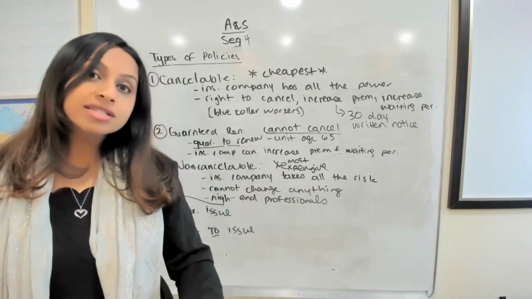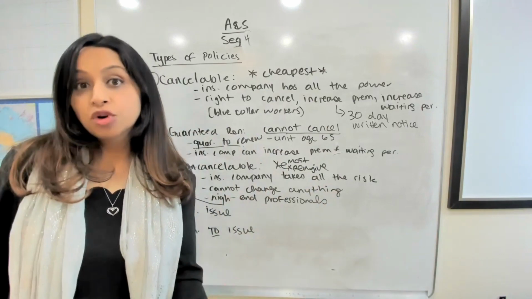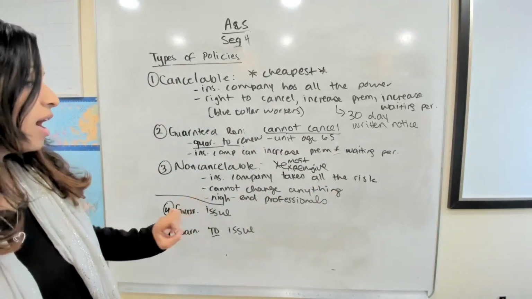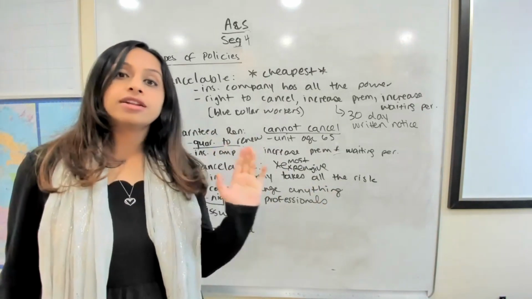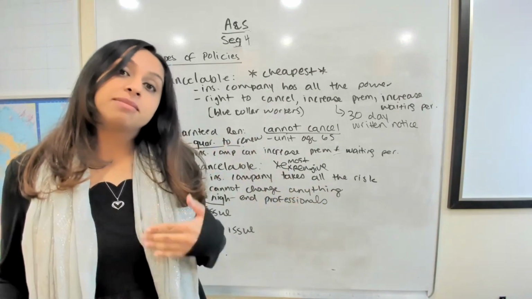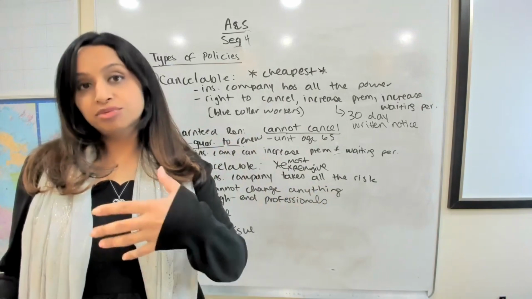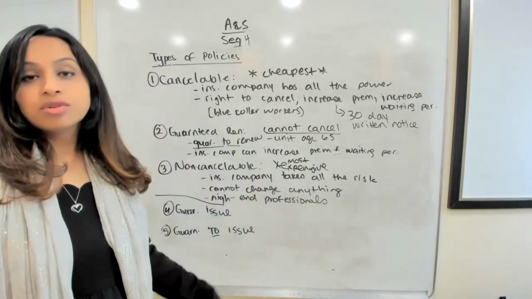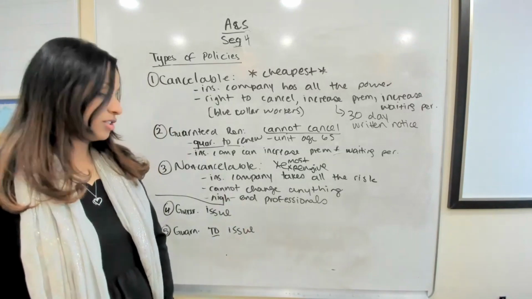So the more risk they take on, the higher your premium is going to be. So for this one, it's offered to the high-end professionals, those who are in an office setting, and maybe an insurance company deems them less risky or less hazardous occupants. It's offered to those, right? So it gives the high sort of protection.